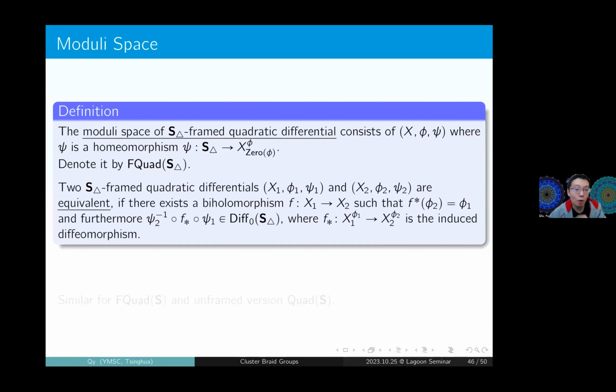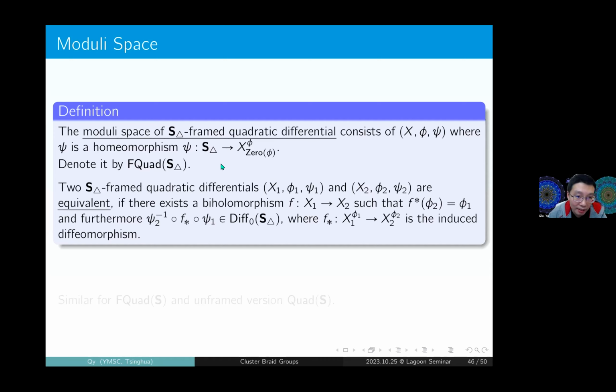Then we can define the moduli space. So the moduli space is one where each point is a geometric object, and in this case it is a Riemann surface with a quadratic differential. And you also want to identify them, but we also want to have framing.